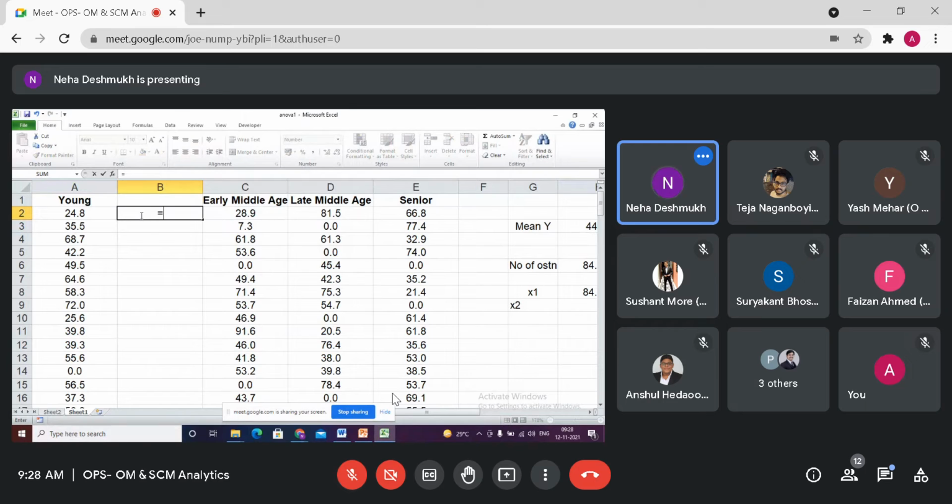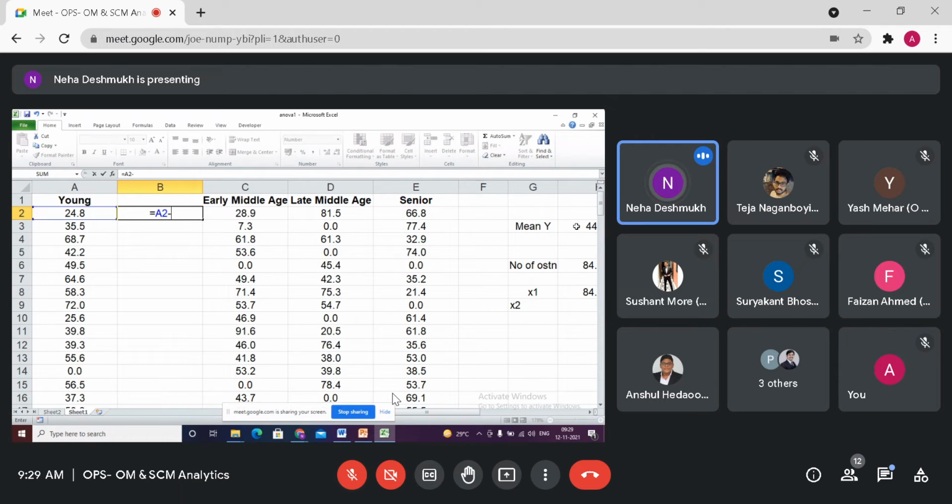Equals this minus this. Agree? Yes, ma'am. Since this is the mean, we have to subtract this mean value from all the values, right? So I can convert this value into absolute mode. Agree? Yes, ma'am. The variation is only in this x1 value.